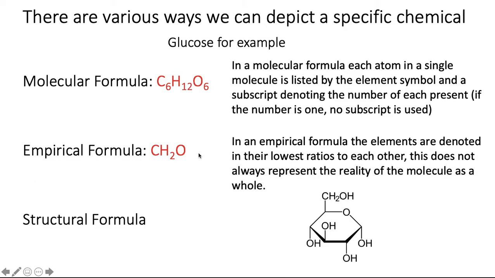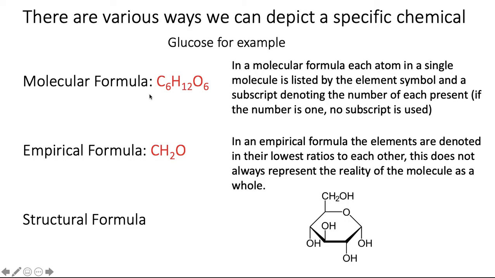It does not always represent the molecule directly as a whole, but it's just an easier way to denote the ratios of each atom to each other. Note that you can have compounds that have the same empirical formula, but they might have different molecular formulas because it depends on what the ratios are.